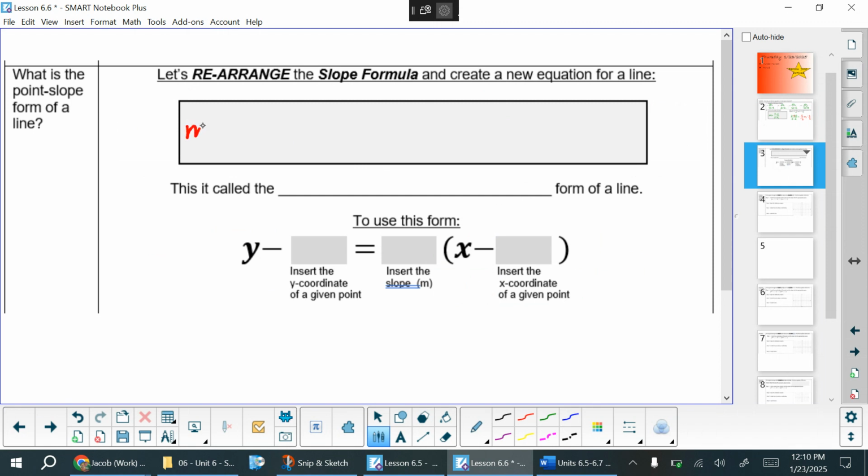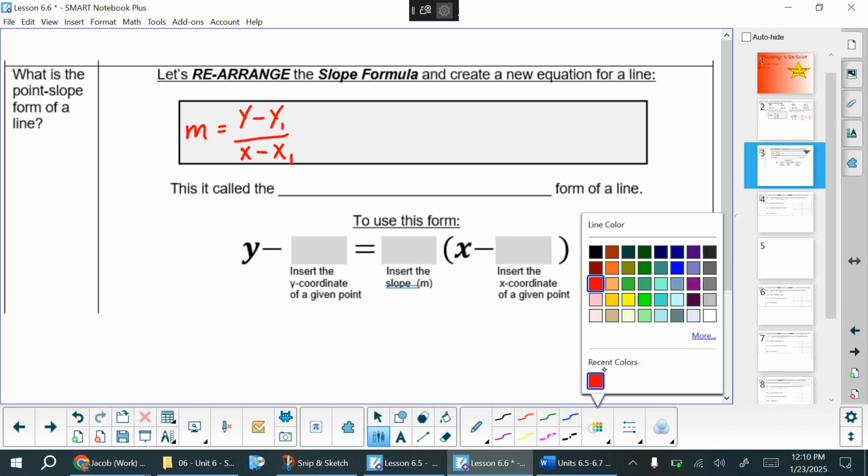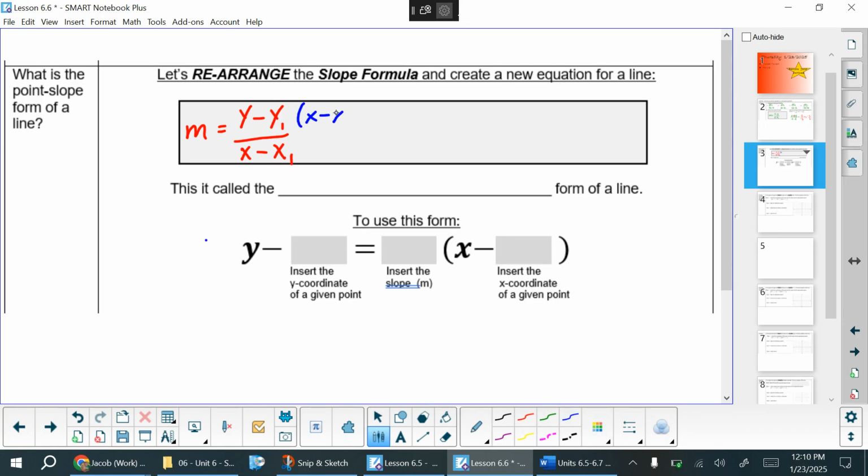All this comes from is just taking the slope formula that we have and making a quick little change to it. So what we're going to do to change the slope formula around is multiply both sides by x minus x1. And we're allowed to multiply both sides of an equation as long as it's by the same thing.